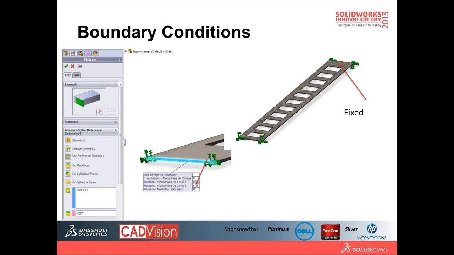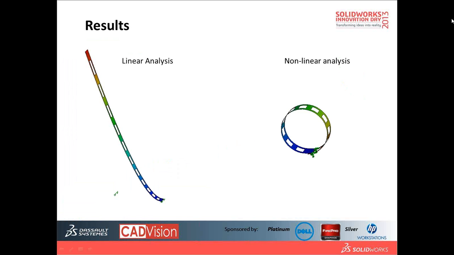And if we put this condition in a linear static study, and in another identical setup in a nonlinear study, what could possibly be the outcomes? Right, let's have a look. Okay, this is the outcome.